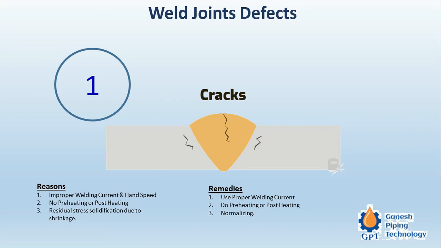Preheating means, see, whenever we go with welding, there are two cases. One is the filler metal and the other one is the base metal. If the filler metal is molten, then 75 to 80% is filler metal, and it will melt the base metal maybe 20-25% also.